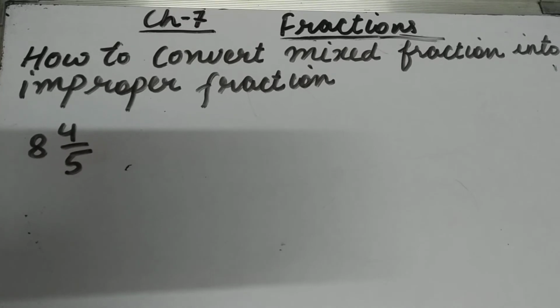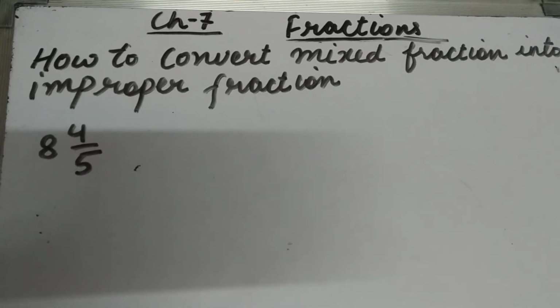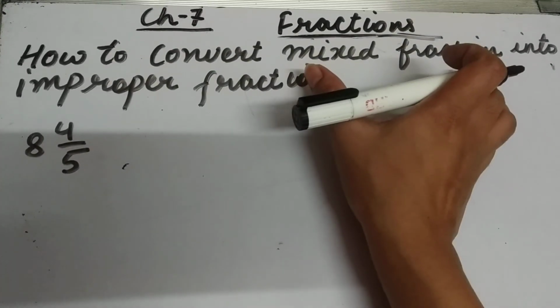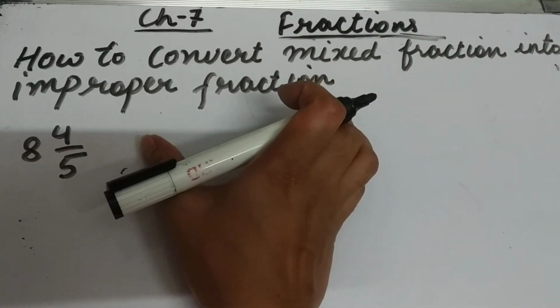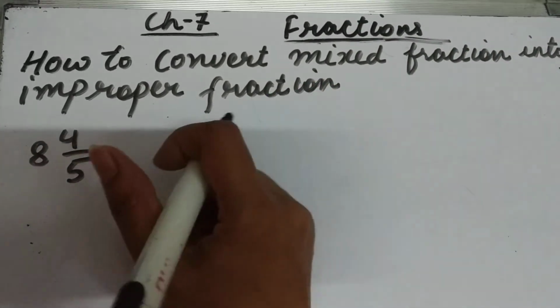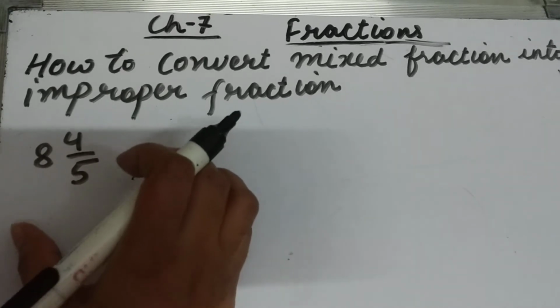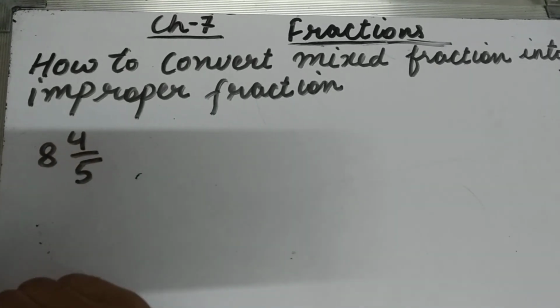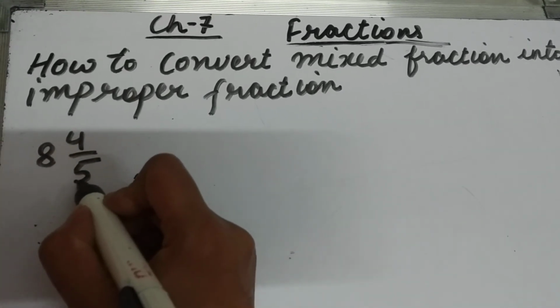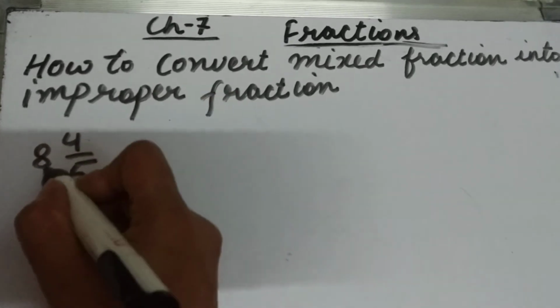Next is how to convert a mixed fraction into an improper fraction. See, suppose I have to convert this mixed fraction into an improper fraction. This is the denominator, this is the numerator, and this is the whole number part.